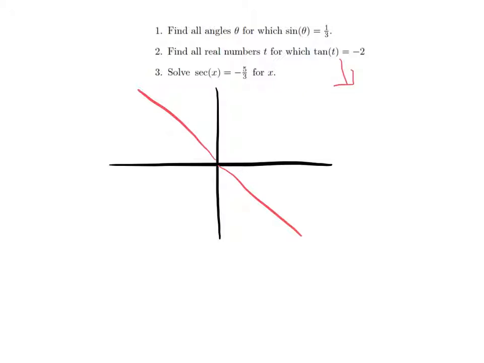We would have to take arctangent and get t equals arctangent of -2. That's the angle, t. It's not called theta now, they're calling it t. That's fine.